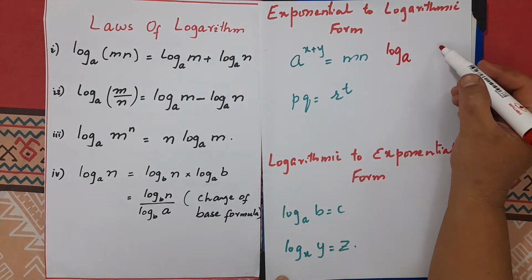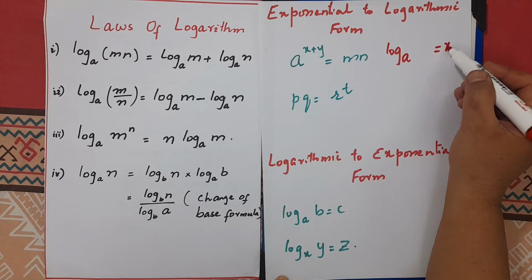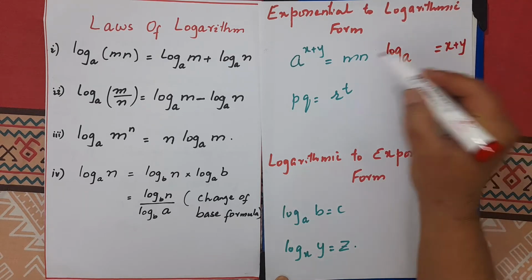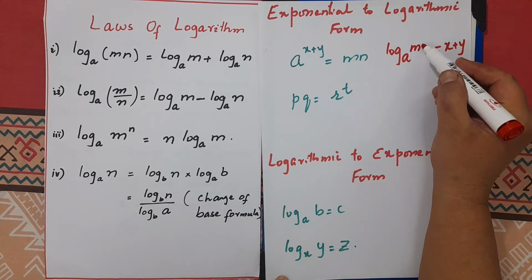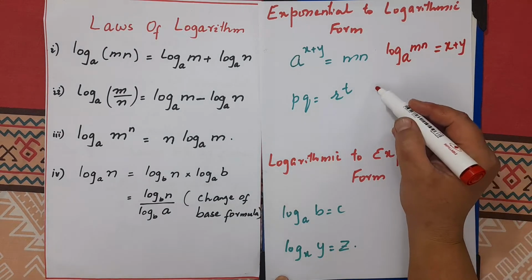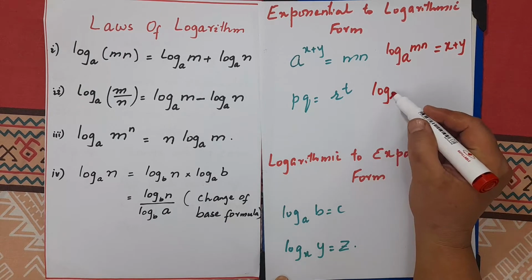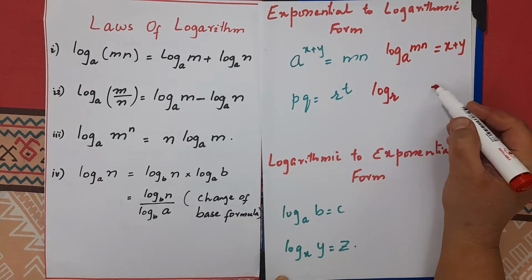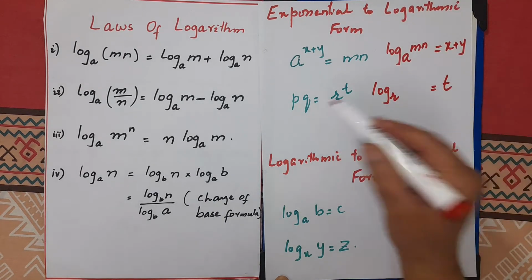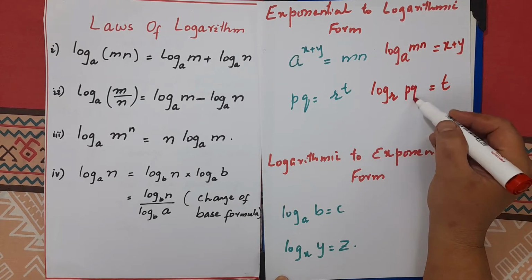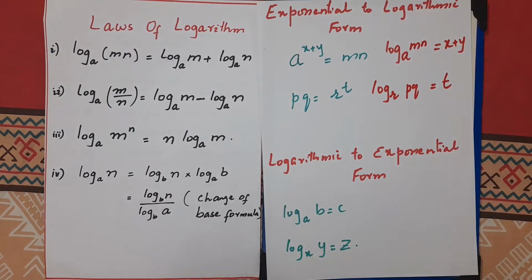The power comes towards other side of the equality sign, power over here and here, m into n. According to the same rule, log, this is the base r, the power goes to the other side of the equation, and p q. If you want to see the details, our previous video is available for this.